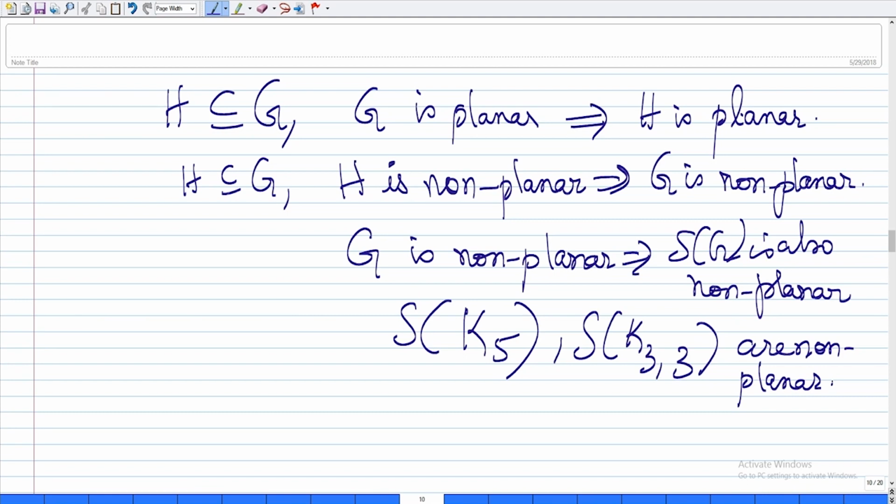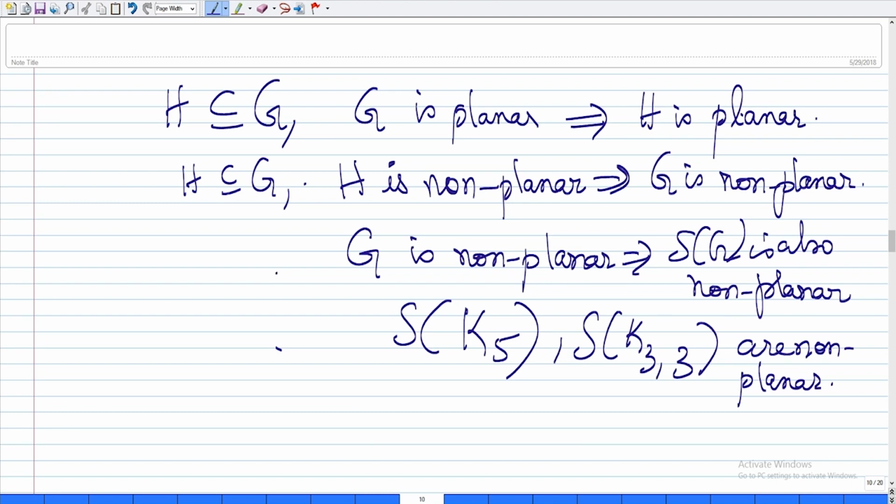Now, can you all visualize where I am heading to? I have given you a list of bullet points that I am trying to target. Subdivisions of K5 and K33 are all non-planar, I know because K5 and K33 are non-planar.